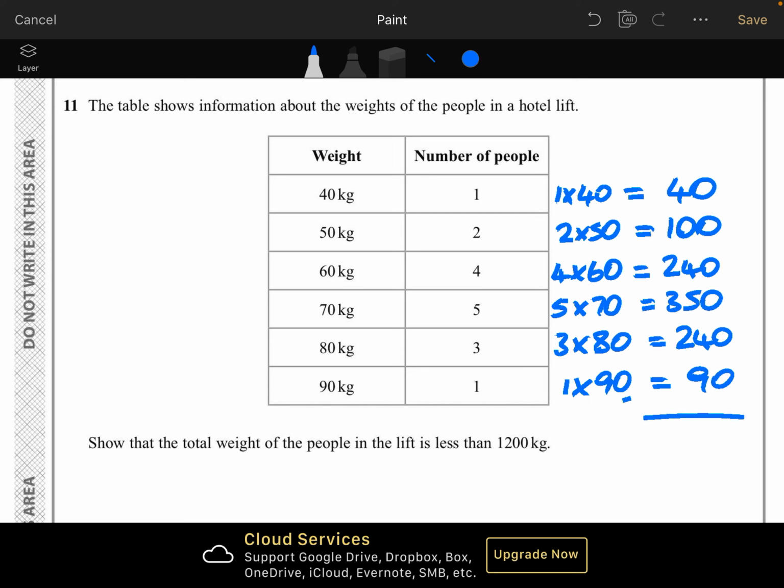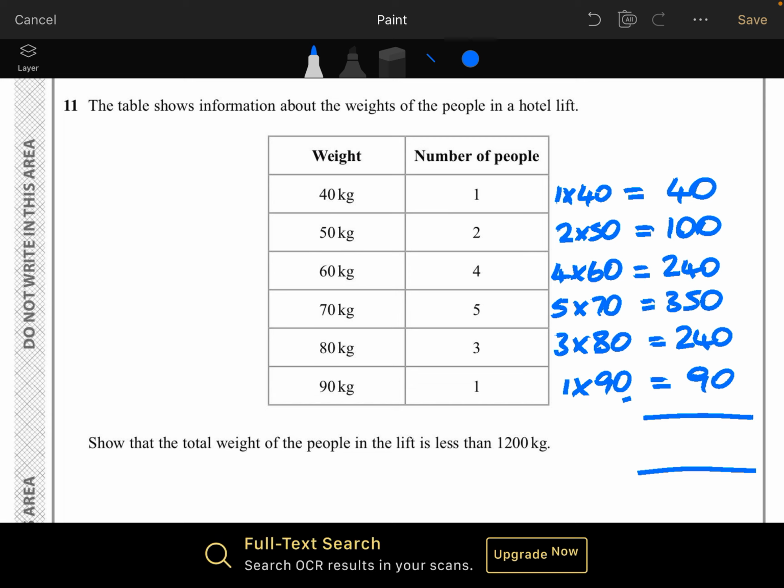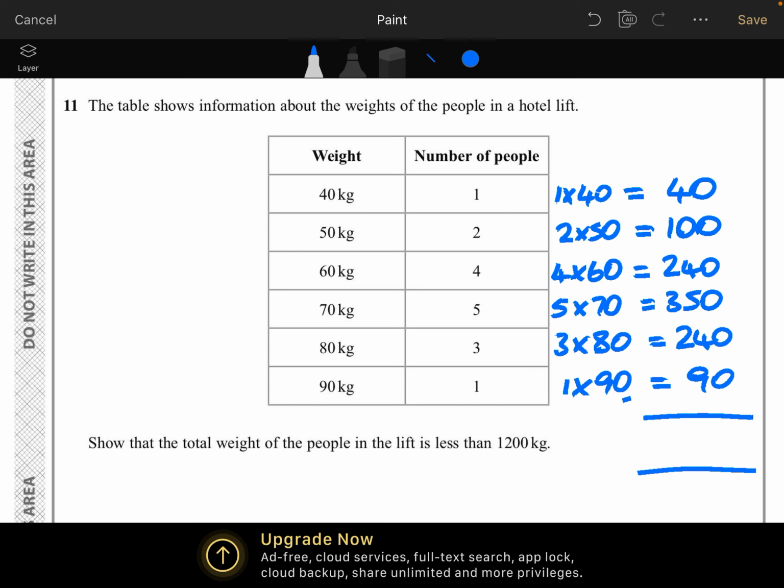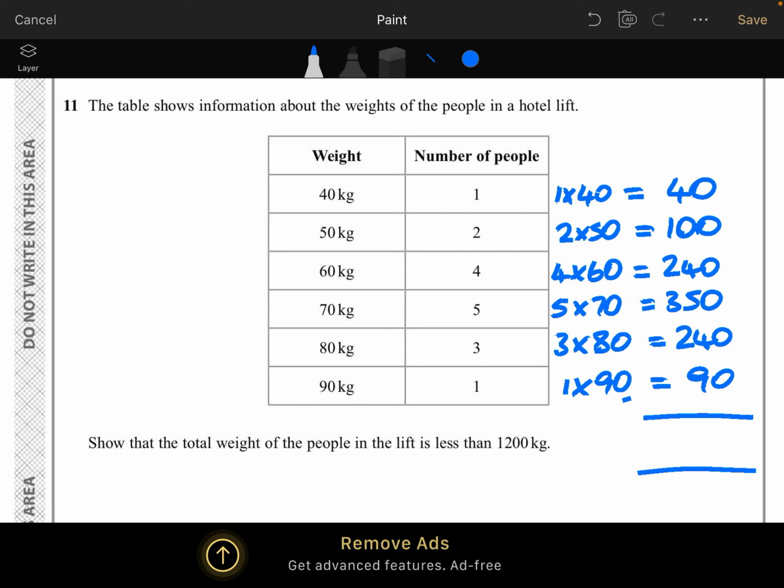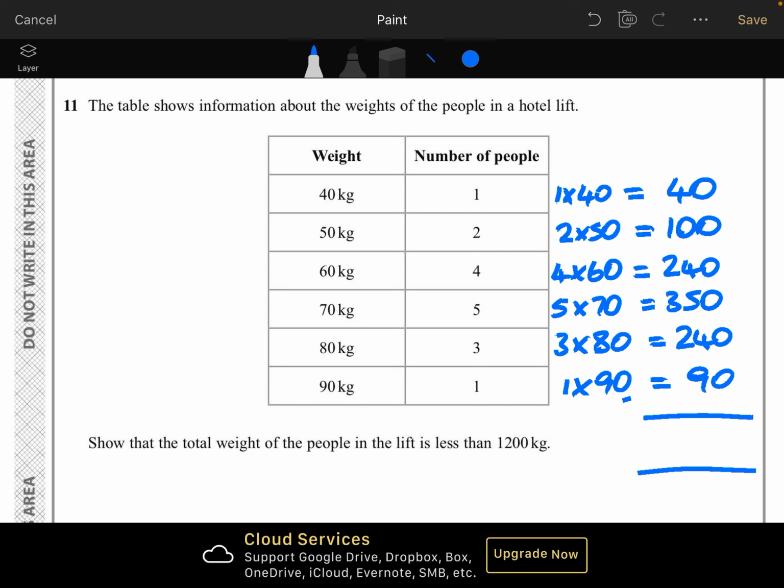Now I need to add those up, and again you might want to do it by hand, but I would probably check it as well with a calculator. 40 plus 100 plus 240 plus 350 plus 240 plus 90 equals, and I got 1060.